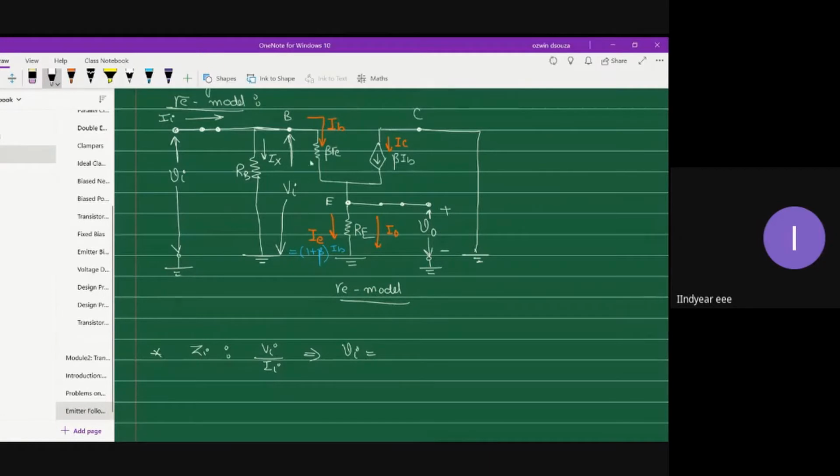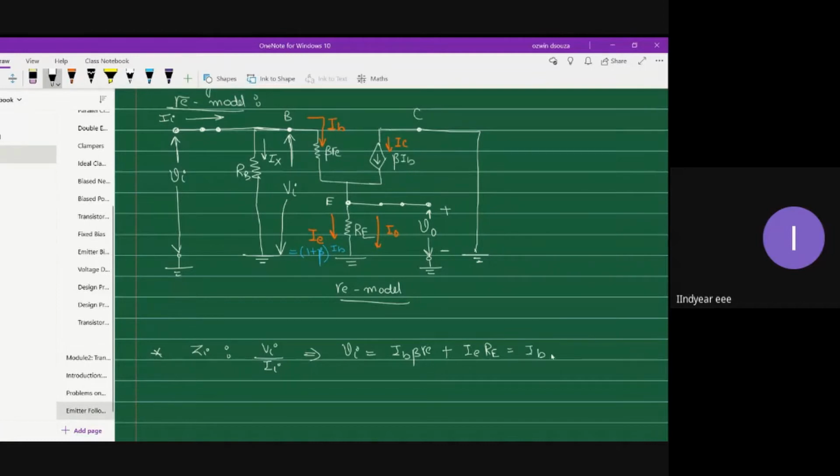VI is equal to current into resistance. So basically it is IB into beta RE plus IE into capital RE, and we know that IE is 1 plus beta times IB.